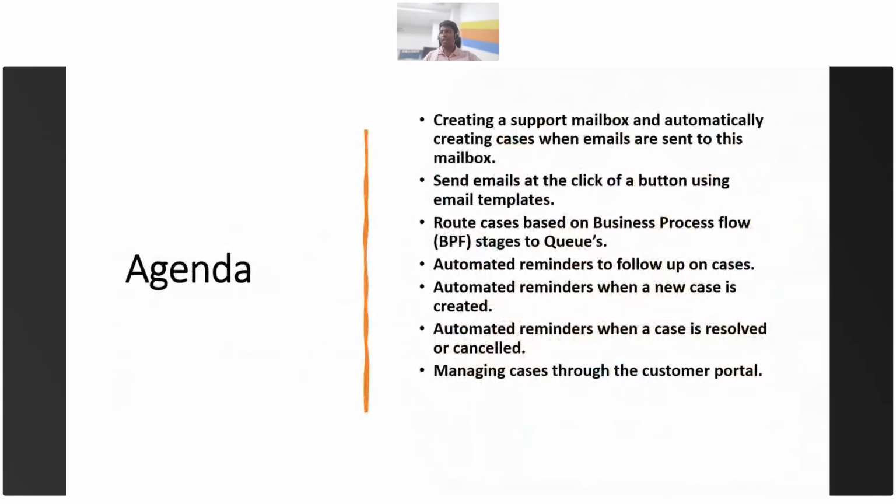Now, what exactly are we going to cover here? Creating a support mailbox and automatically creating cases when emails are sent to this mailbox. Now, you may ask, why emails? We are in 2025. It's an AI world today. But let me ask you, most of you must be using smartphones, Android phones. If something goes wrong in that, what do you look for?